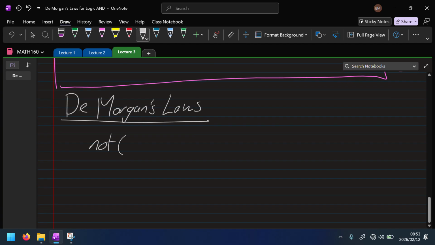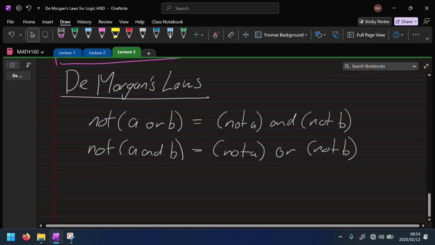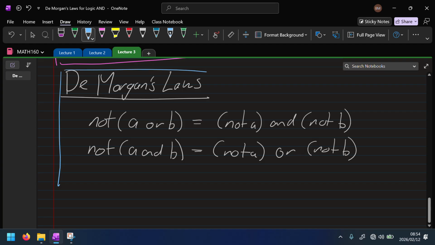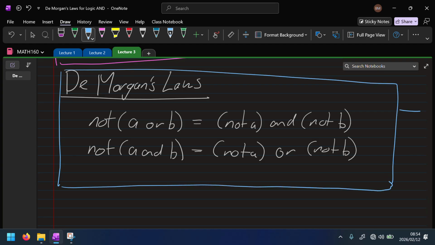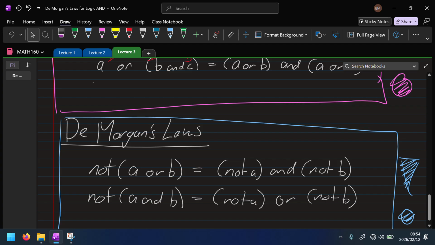So this will be: not (A or B) is equal to not A and not B, and then not (A and B) is not A or not B. Okay, please put a big box around this one. Please make sure you know these four laws. If you don't know them, you can't even start with the set proofs. So these are very, very important.